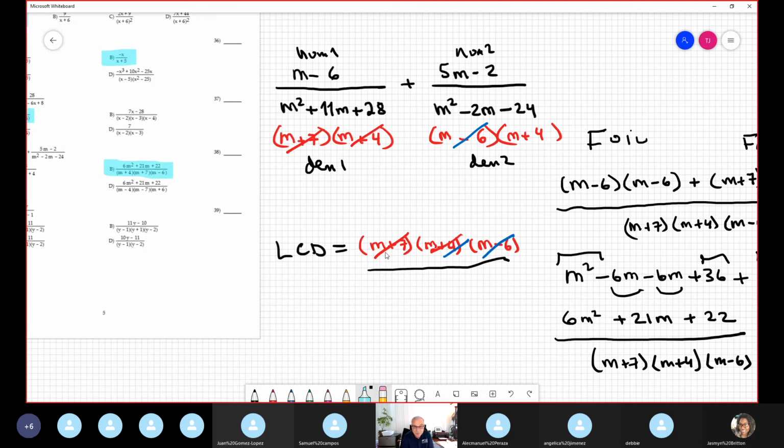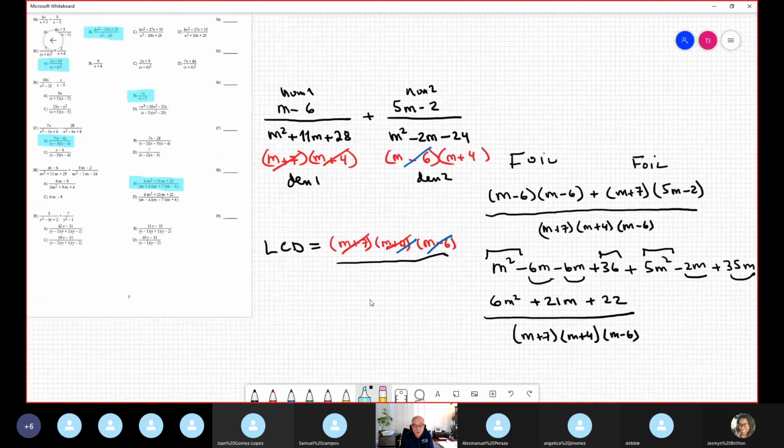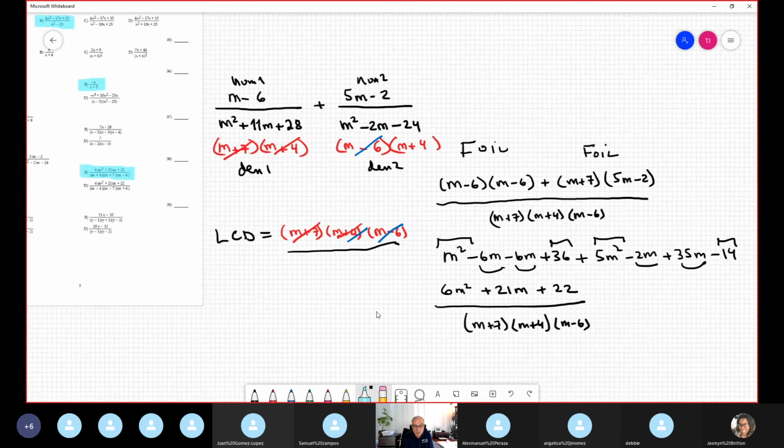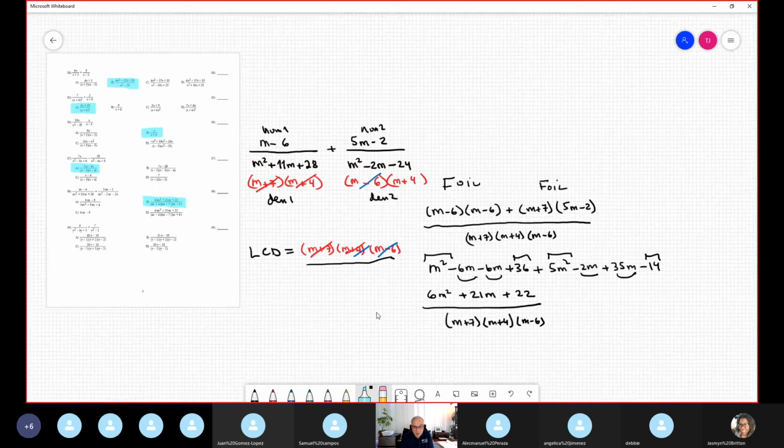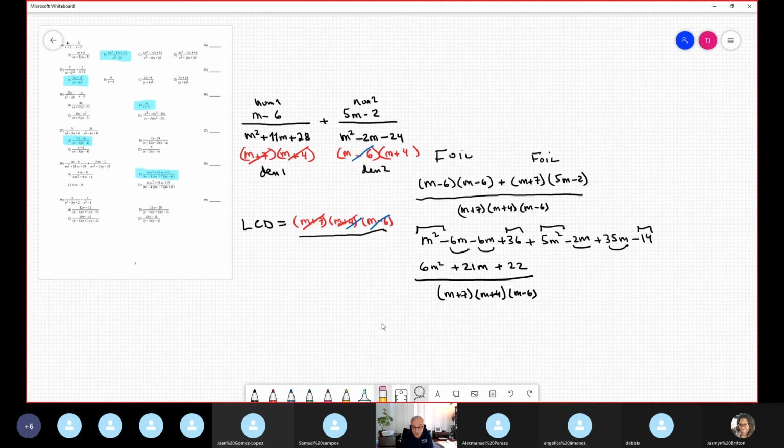Okay, one more. Do you follow me? Do you feel strong in addition and subtraction of different fractions with different denominators? Suppose another scenario in which you have the same denominator. In this case, you don't necessarily need to do the LCD.